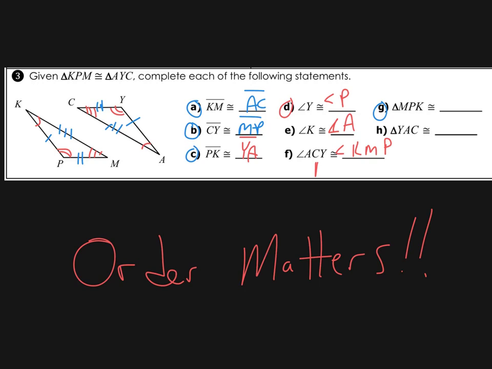So follow along on MPK. I go from M to P to K, then I'm going to go from C to Y to A. Triangle CYA. On this last one, YAC, YA to C is going to be PK to M. Triangle PKM. That's it. It's just about following order and being diligent about paying attention.